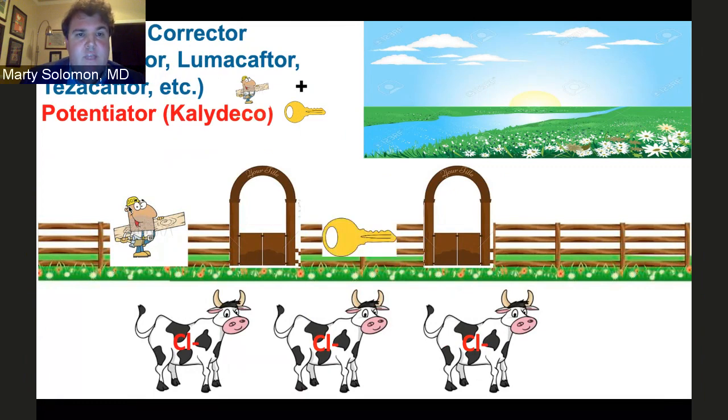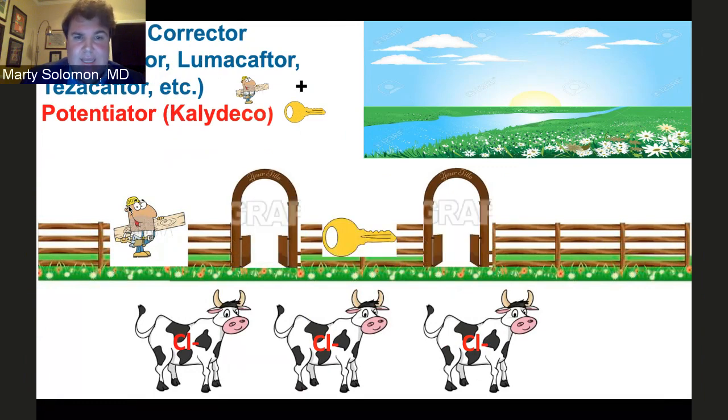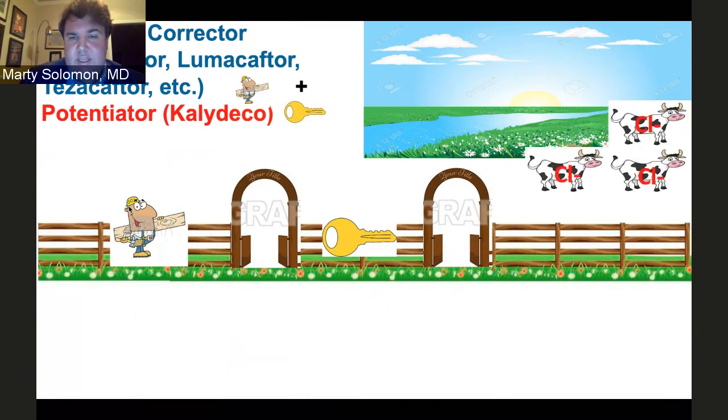And again, these drugs act as a key to open the gate. And if you'll advance the slide, this allows, yet again, our cows, when these drugs are used in combination, to reach across to the greener pasture land.